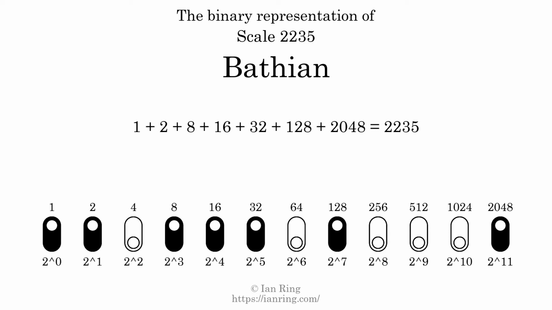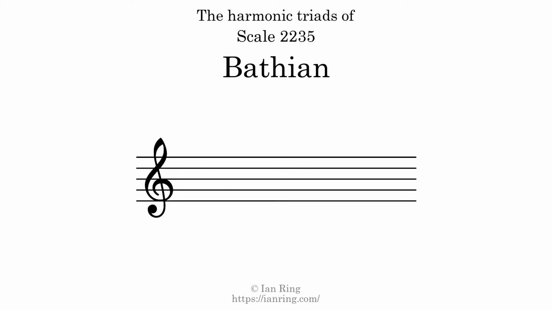That is why the scale number, in decimal, is 2235. The scale number not only enumerates the scale with a unique index, but it also literally describes the tonal content of the scale. Represented as a binary number in base 2, the scale number is 100010111111.